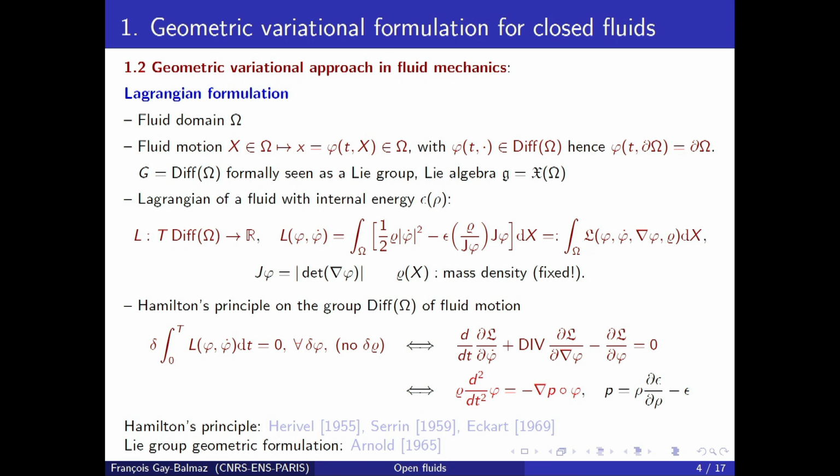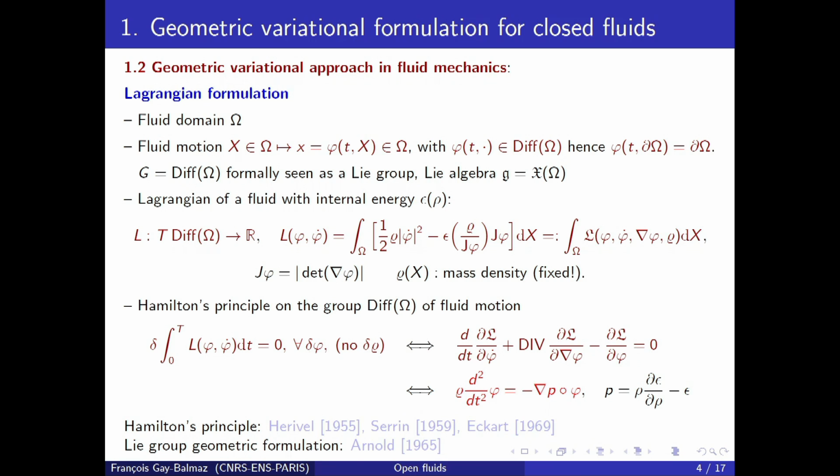Then you apply Hamilton's principle to get the equations of motion. So here I consider compressible fluid. So my Lagrangian is defined on the tangent bundle of the diffeomorphism group. And it has these kinetic minus potential terms, like we have seen earlier in the shallow water equations.